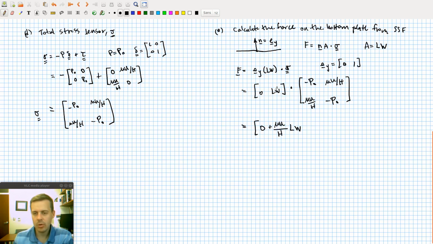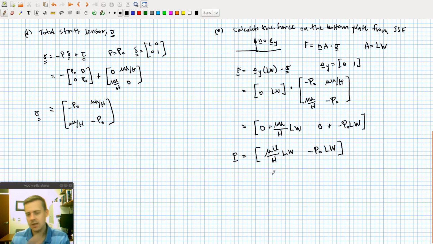My second component now is 0 times mu U over H, which is 0, plus LW times minus P naught. So minus P naught LW. So to rewrite this, my force is equal to mu U divided by H times LW, and minus P naught LW.